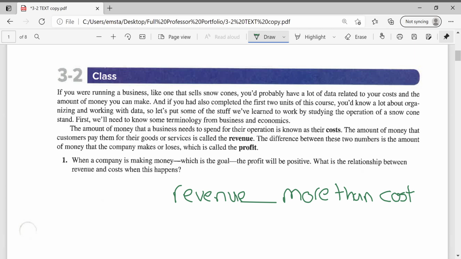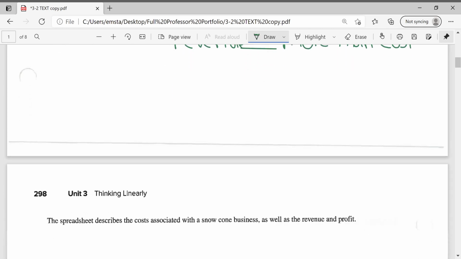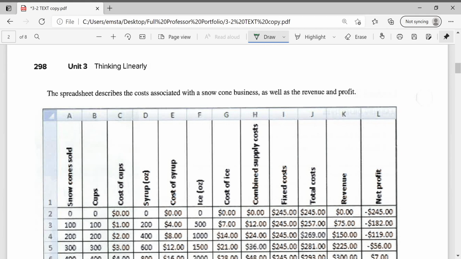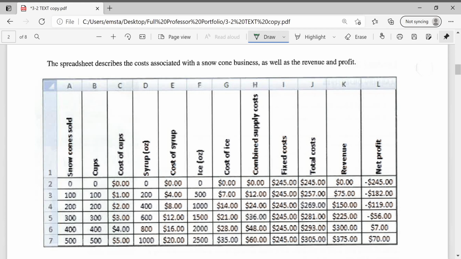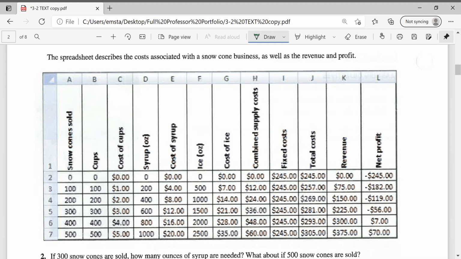Turning the page to page 298, we see a spreadsheet. This spreadsheet describes the costs associated with a snow cone business, as well as the revenue and profit we can expect to earn. Just to get familiar with it, read through some of the columns. A is the number of snow cones sold. Column B is the number of cups needed.